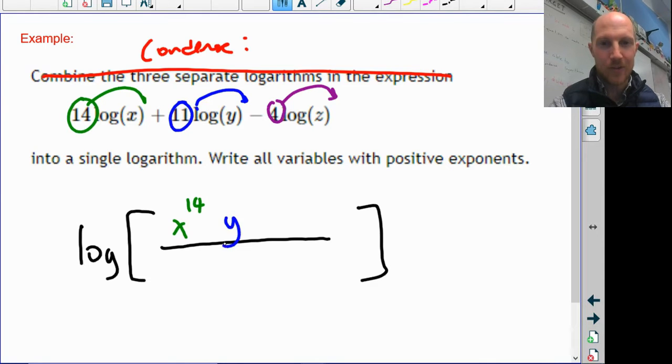So this is going to be on the top also. If I'm adding the separate logs, it's going to get multiplied together. They'll both be on the top of this fraction line because they're getting multiplied. The only reason the fraction line is there is for this last bit, minus 4 log of z. So down at the bottom, it's going to be divided by z to the power of 4.